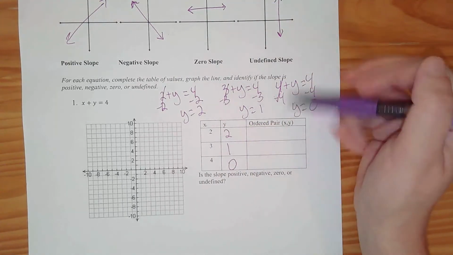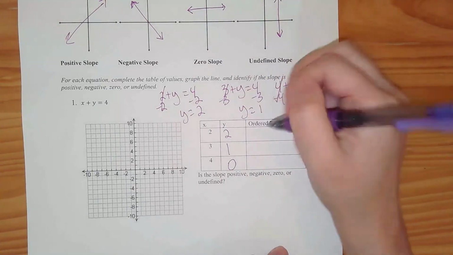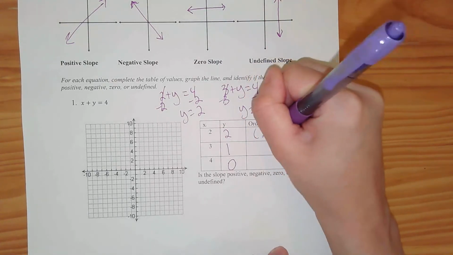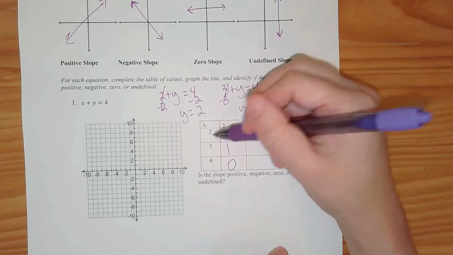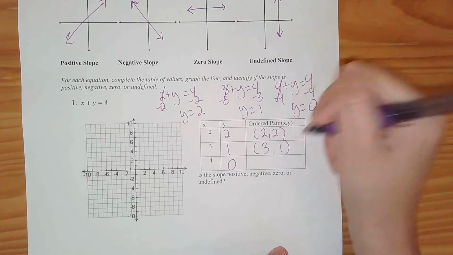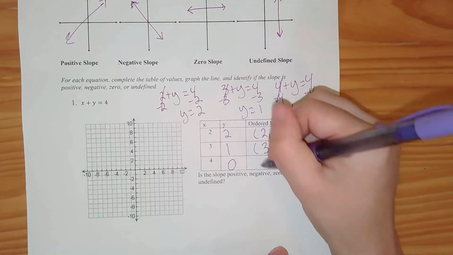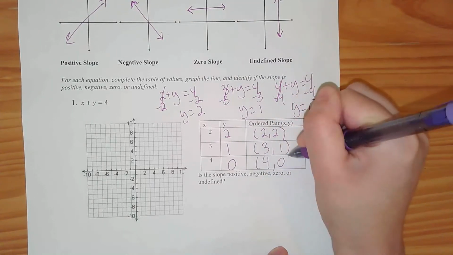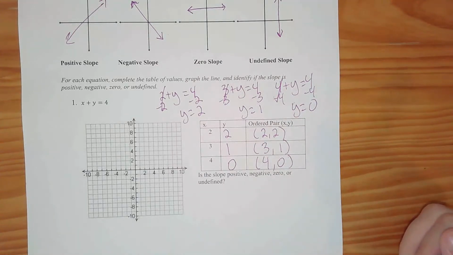These together make an ordered pair. When x is 2 and y is 2, I'll have the ordered pair 2, 2. When x is 3 and y is 1, I'll have the ordered pair 3, 1. And when x is 4 and y is 0, I'll have the ordered pair 4, 0. If you notice, I have 3 points.